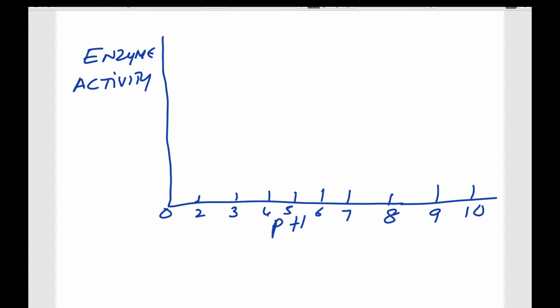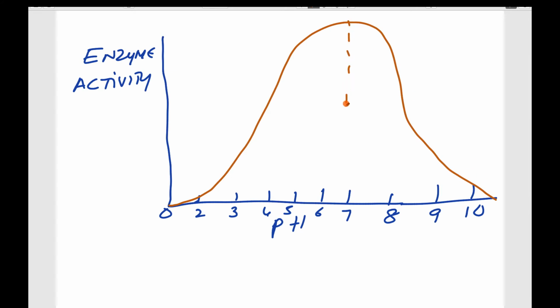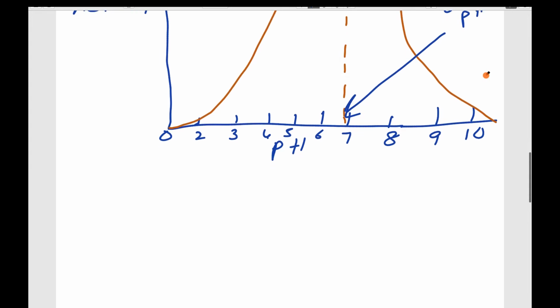The curve can be shown as a bell-shaped curve, where this is the optimum pH. At this pH enzyme velocity is maximal.